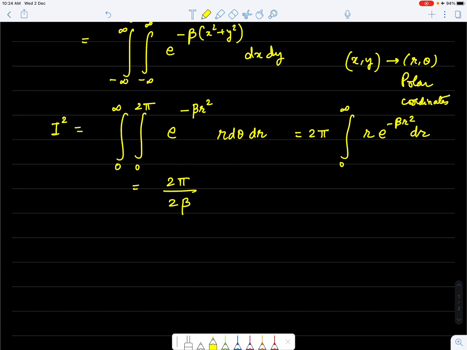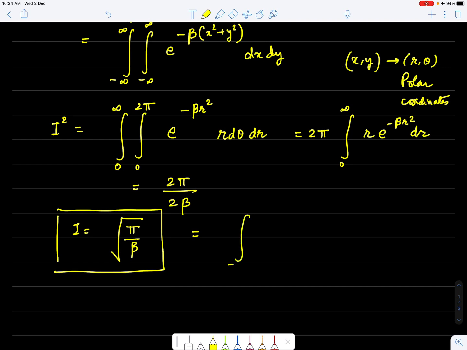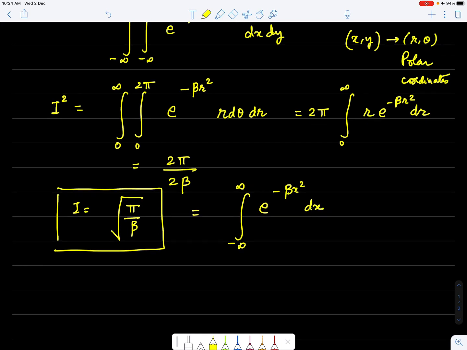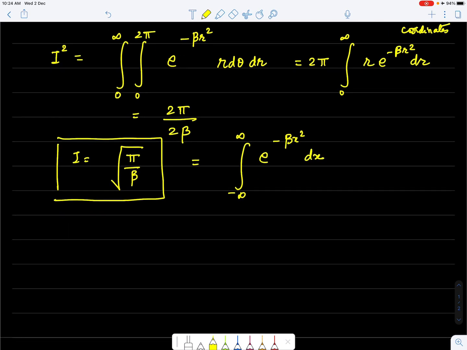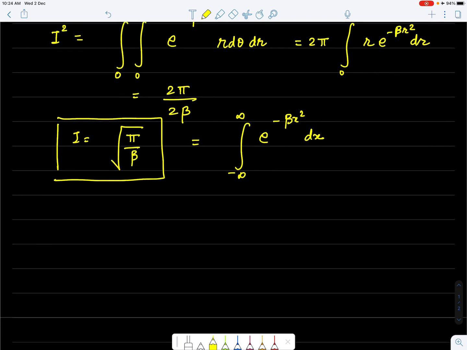So I is square root pi by beta, which is where we started off: the integral from minus infinity to infinity of e to the power minus beta x square dx. So that is the first mathematical identity that we will use in today's lecture.